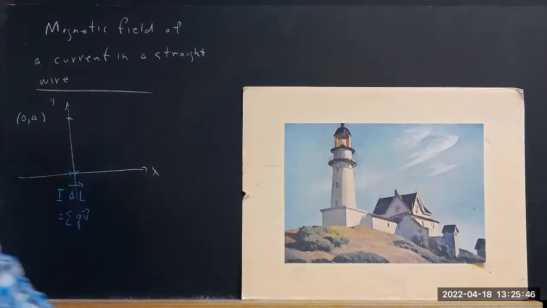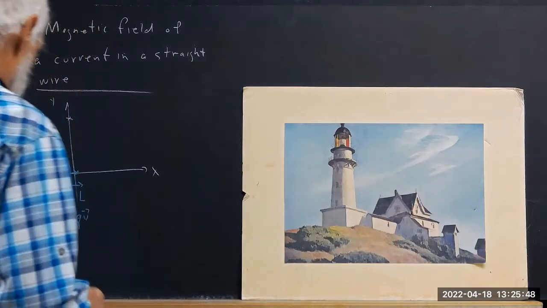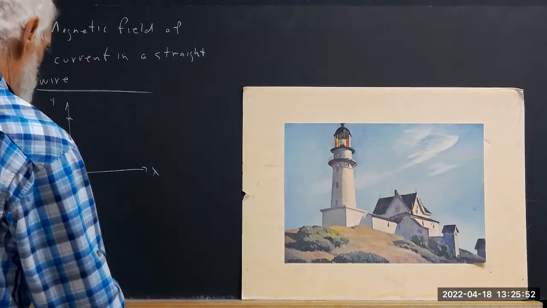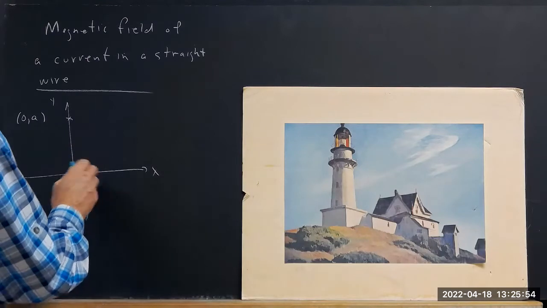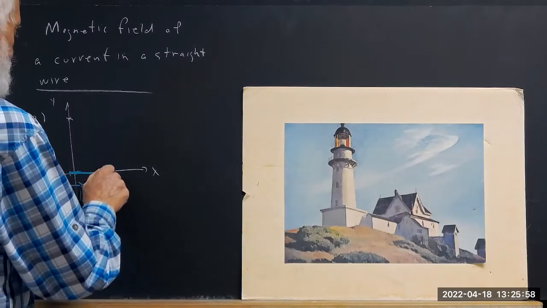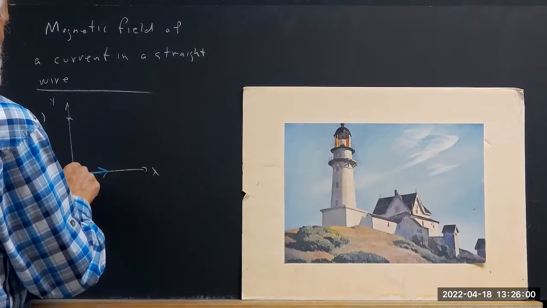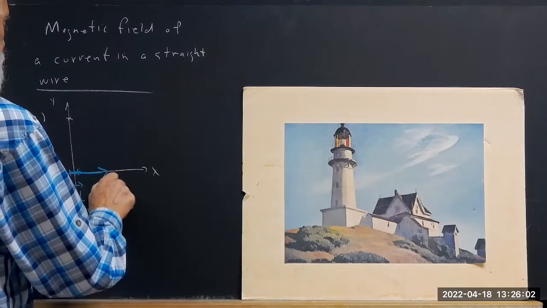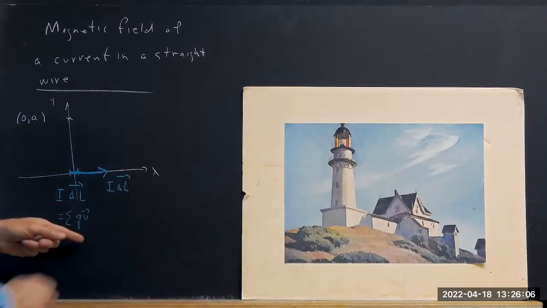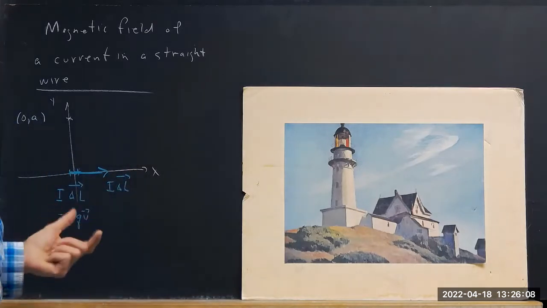Well, this would be like your delta L, but I'm just going to obliterate that. You've got a delta L here, and you've got an I delta L, which acts just like a QV, a sum of QVs.